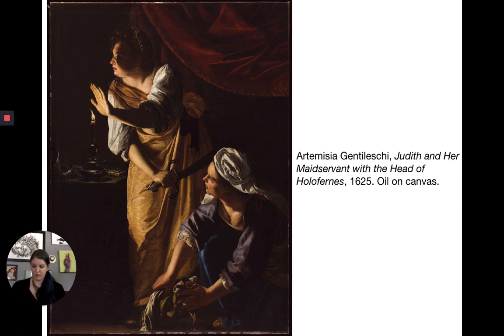Caravaggio is a Baroque painter who is very highly associated with chiaroscuro as a technique, and also with tenebrism, which is chiaroscuro, but in an even more extreme application. The other Baroque artist who is affiliated with this technique is Artemisia Gentileschi, and this is one of her works that we are looking at here in this slide.